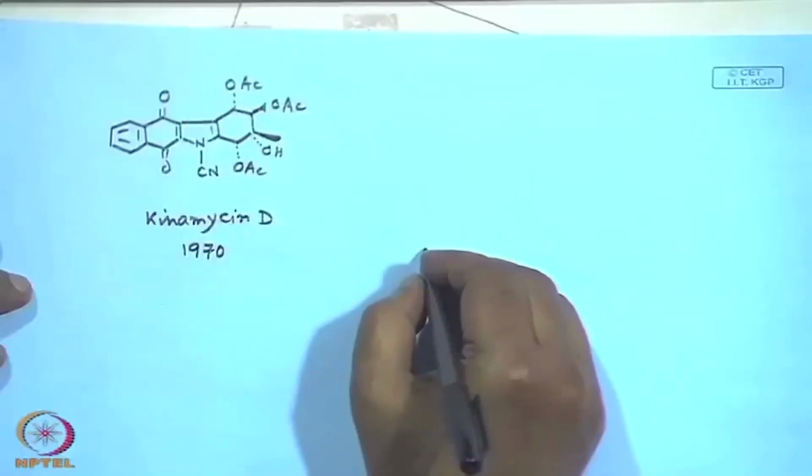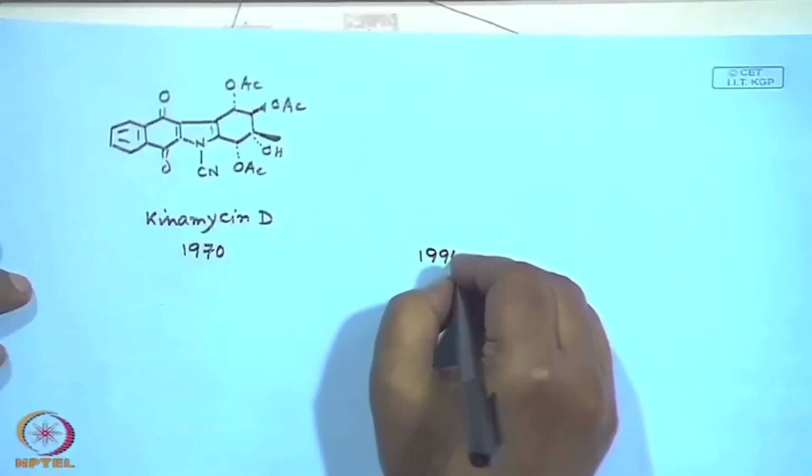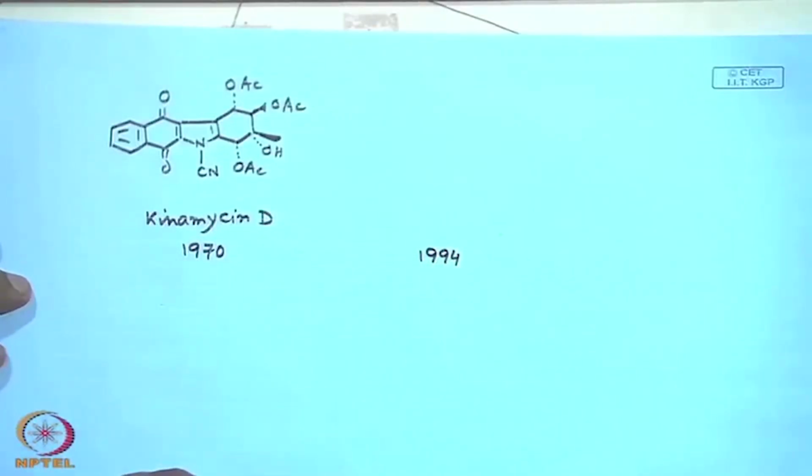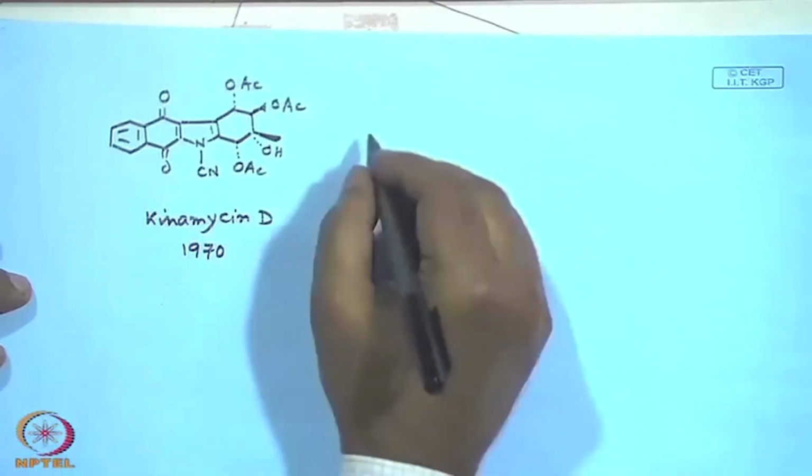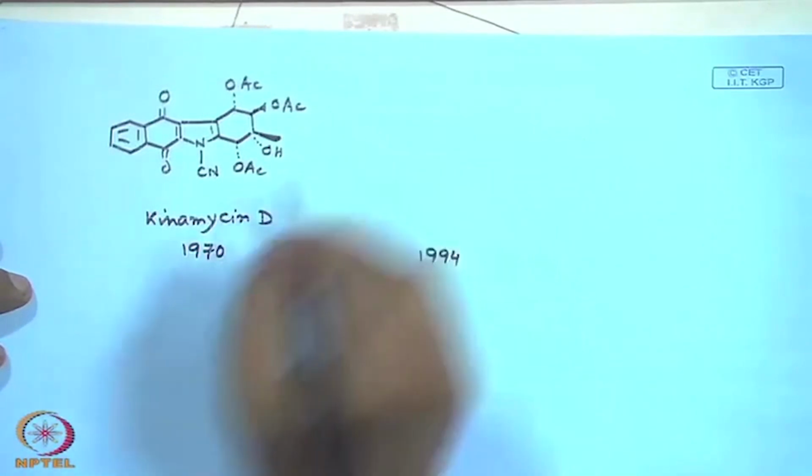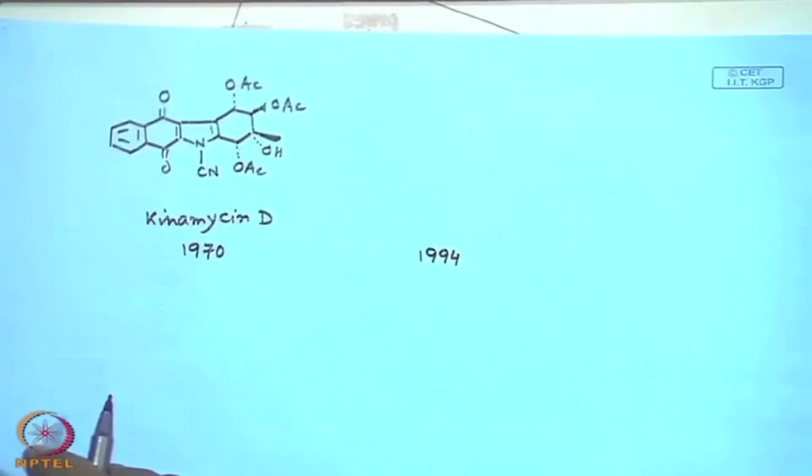Then in 1994, somebody like Stephen Gould from Oregon State, where I worked, found that the structure is wrong.